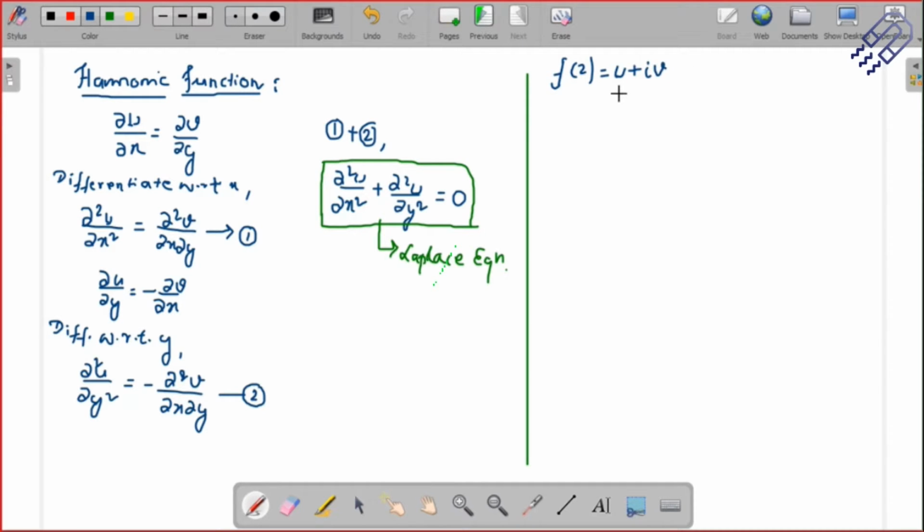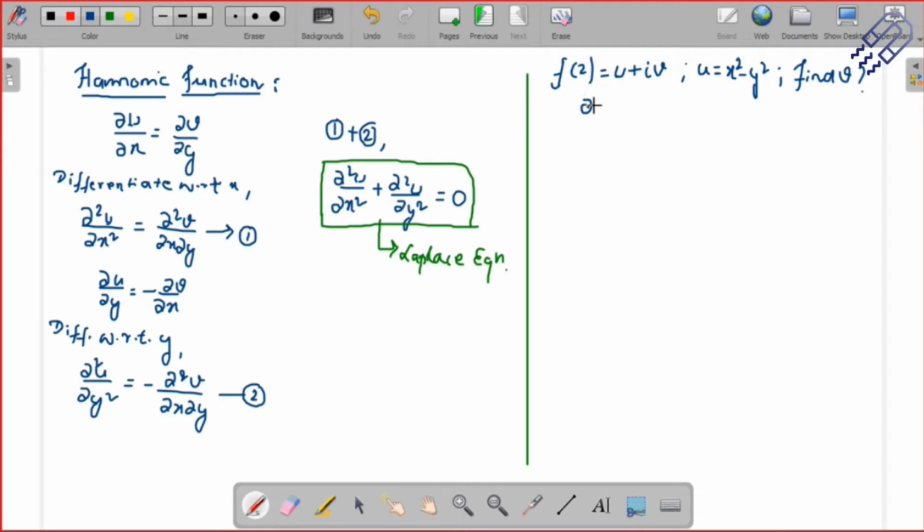So in order to define the entire function, you should know the form of u and the form of v. The question is, if we know u, let's say u is equal to x square minus y square, can we find v? Turns out we can, if it's an analytic function. But first, before we do that, we have to check whether it satisfies the Laplace equation or not, and whether this is basically analytic or not.